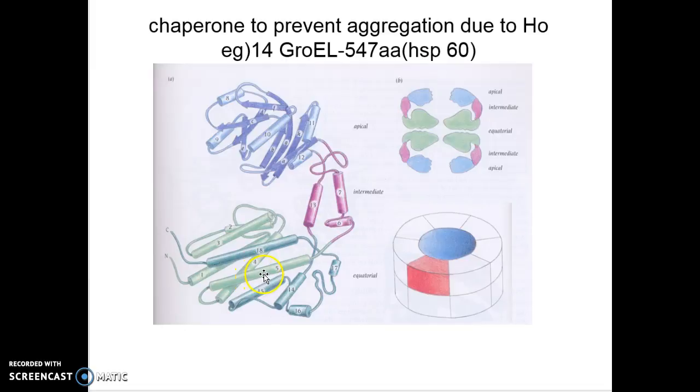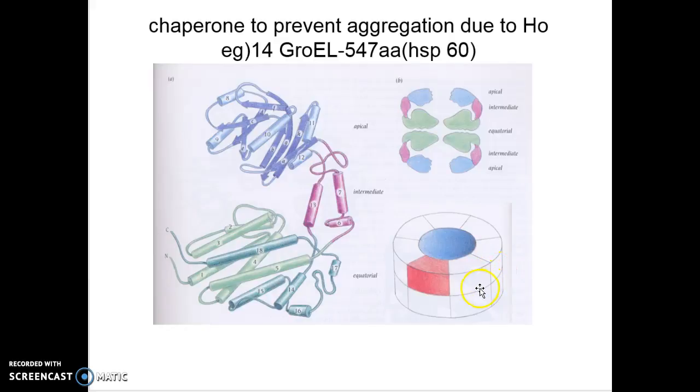actually composed of 3 domains: apical, the beta at the center and alpha helices at both sides, and intermediate domain and equatorial domain, both with alpha helices. Seven of these are arranged in a ring with a symmetrical mode.